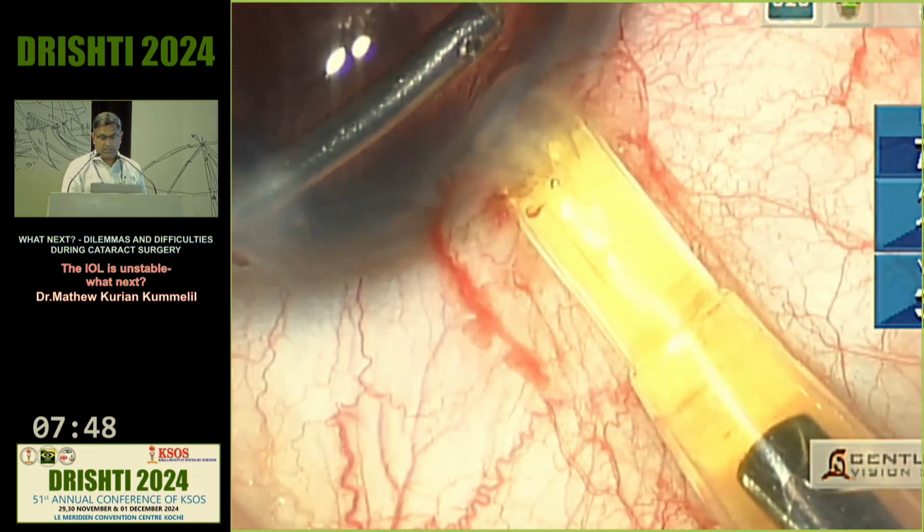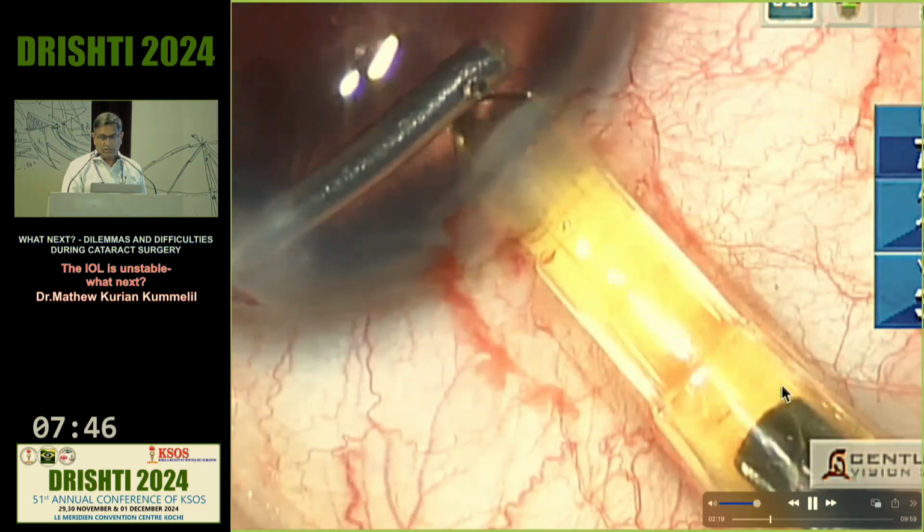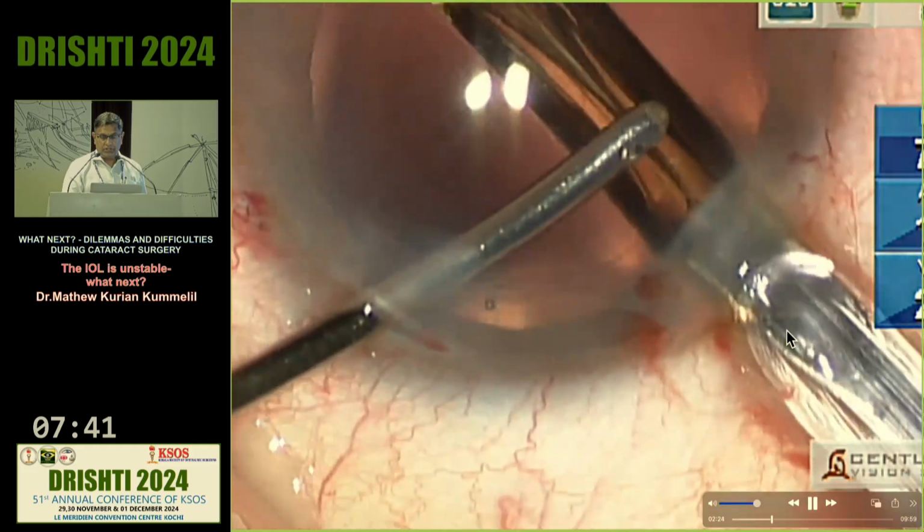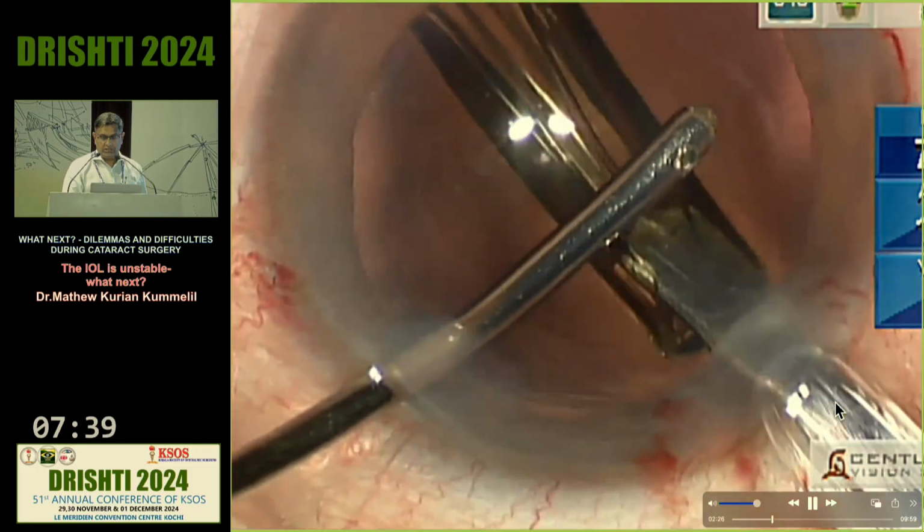Here you can see is an IOL misadventure. The plunger is overriding a large portion of the optic, and the cartridge is stretched.